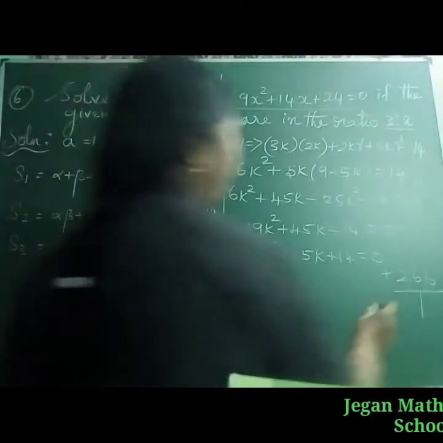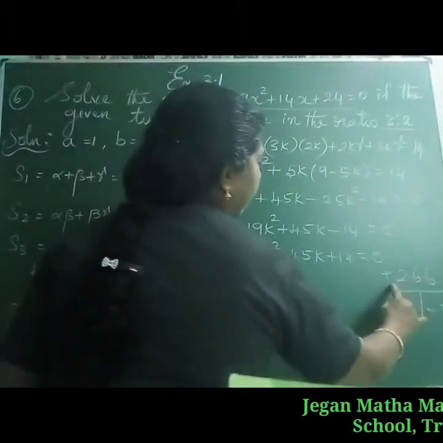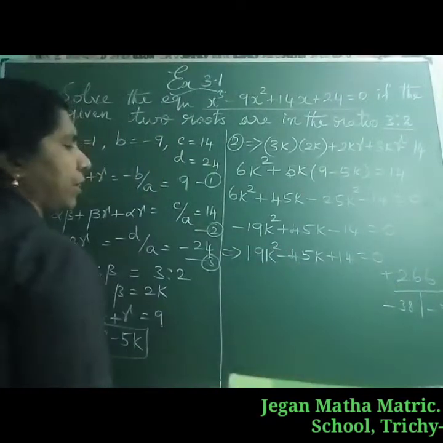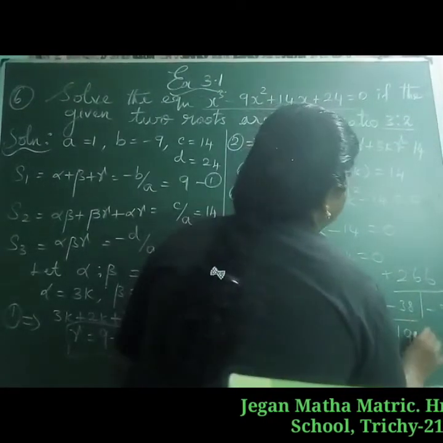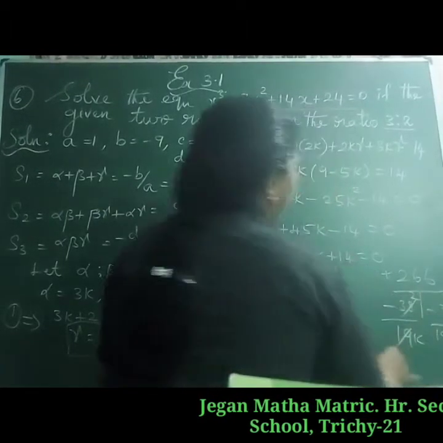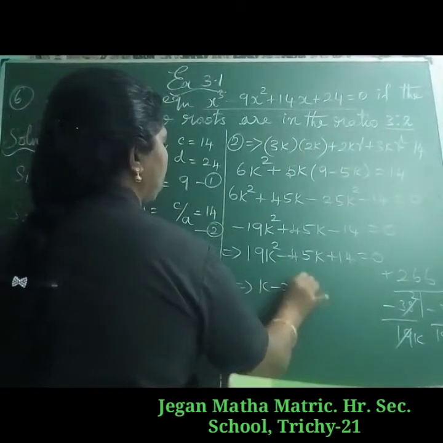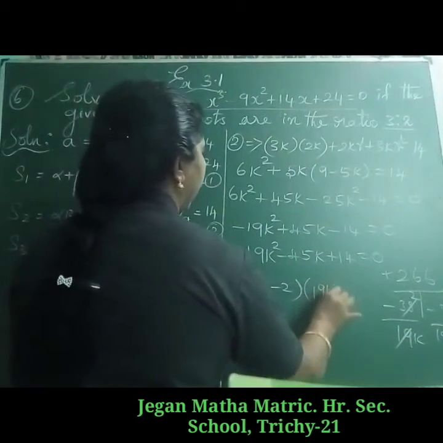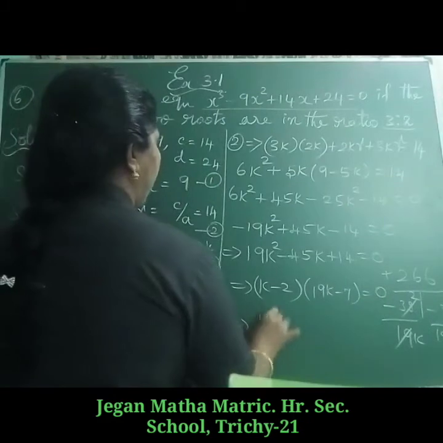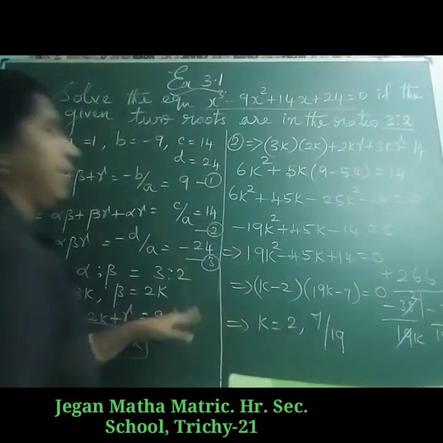So if we take minus 38 and minus 7, minus into minus plus, the product we get is 266, and in addition form we get minus 45. So dividing by 19k, we will get the answer as k minus 2 into 19k minus 7 equal to 0. From that, k is equal to 2 comma 7 by 19.